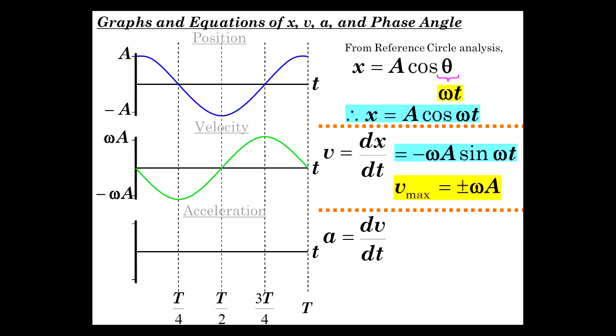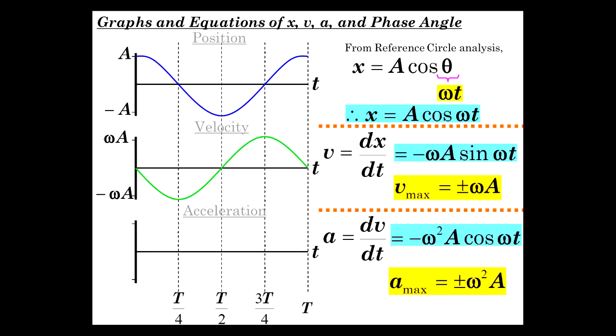All right, now let's do it for acceleration. Again, it's the derivative of the velocity. So conceptually, we should be able to map it on here, no problem. It's going to be 0 here, maximum negative, all right? But what's the equation? Well, it's minus omega squared A cosine omega t, just taking the derivative of this, bringing omega out again. There it is, squared.